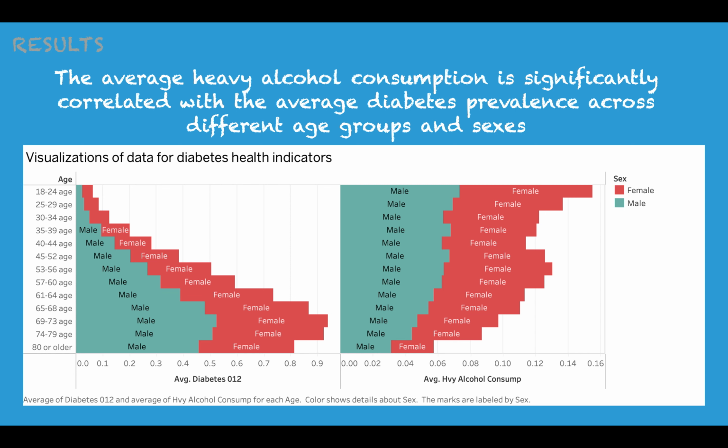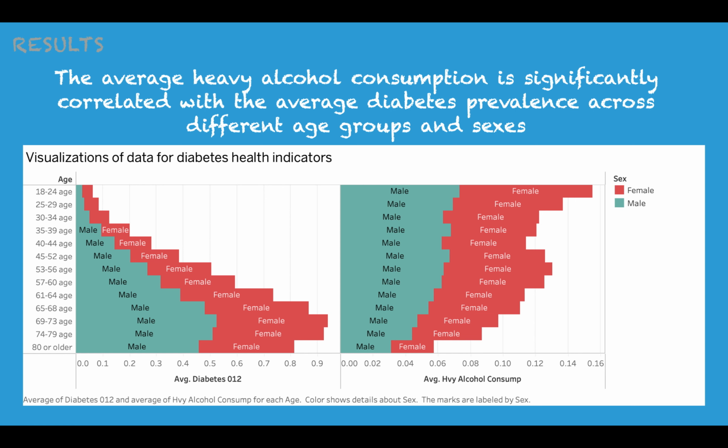In this bar graph, the y-axis represents all age groups, whereas the x-axis depicts the average of both diabetes and heavy alcohol consumption levels. The graph allows us to visualize the prevalence of diabetes and heavy alcohol consumption within different age groups and genders in the population.